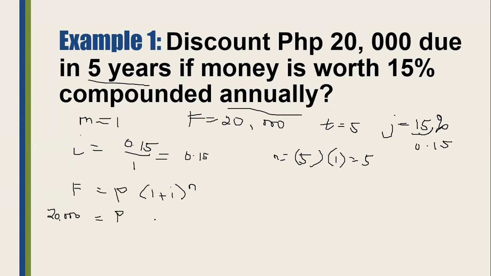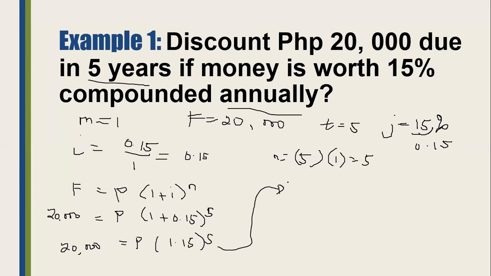P is the one missing in present value. Then 1 plus our I is 0.15 and our N is 5. 20,000 is equal to P times 1 plus 0.15, so we have 1.15 raised to 5.